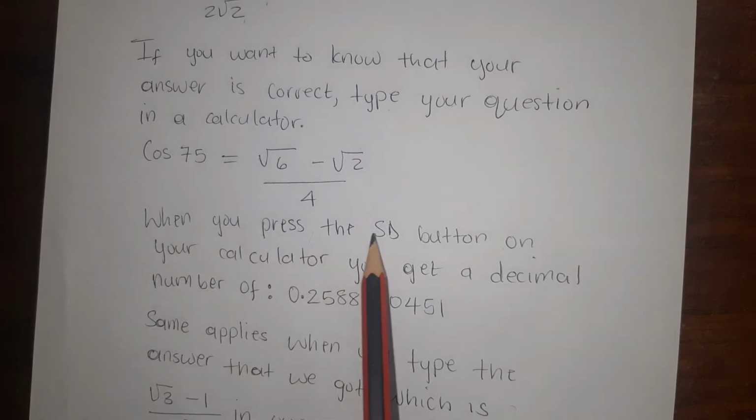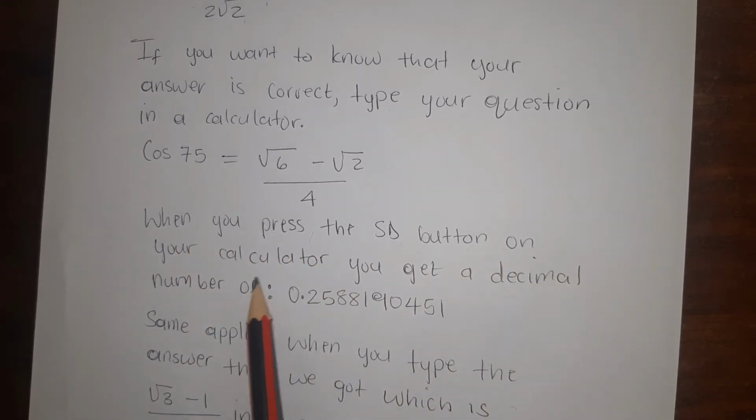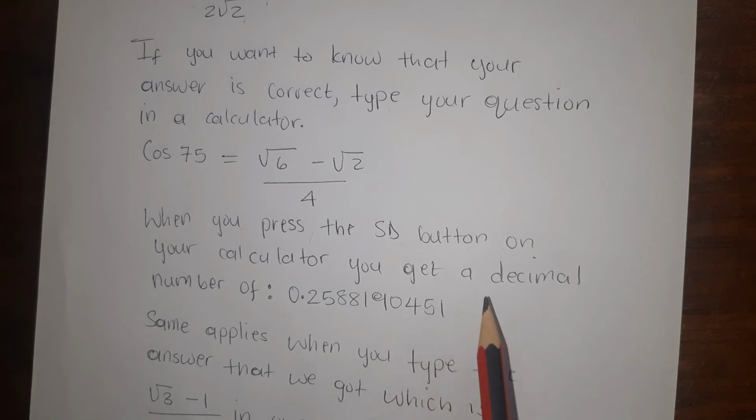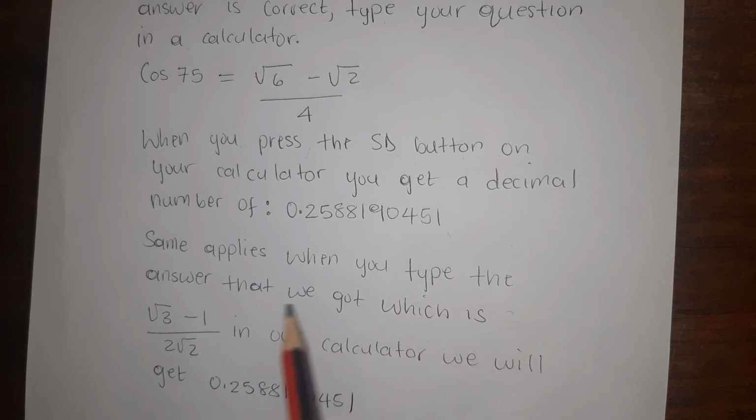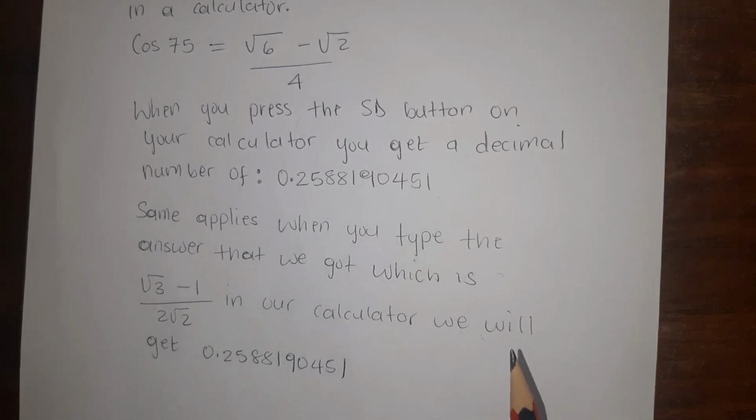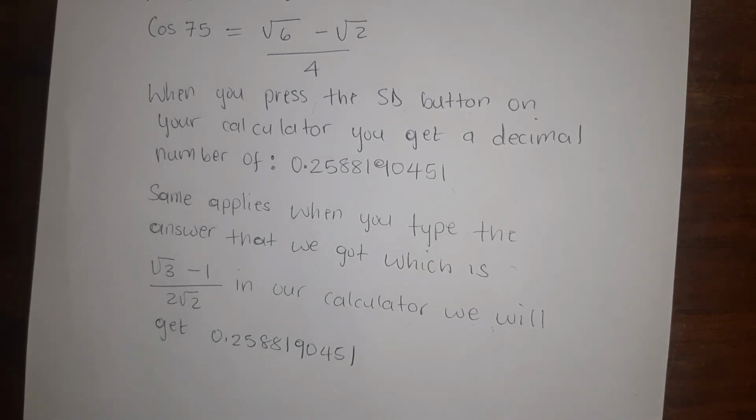And when you press the S-D button on your calculator, you will get a decimal number of 0.2588190451. The same applies when you type the answer that we got, which is square root of 3 minus 1 over 2 root 2, in your calculator. We will get 0.2588190451.